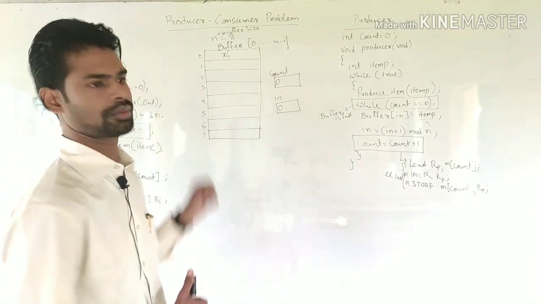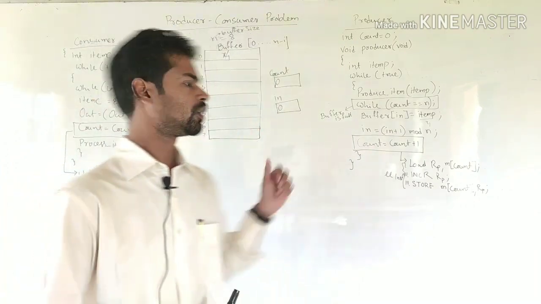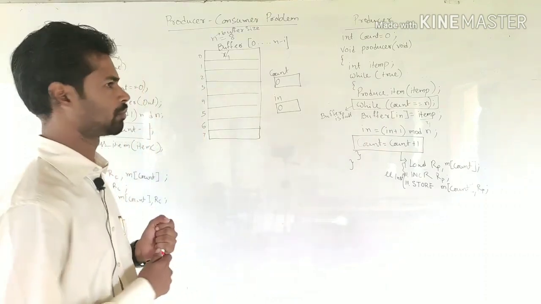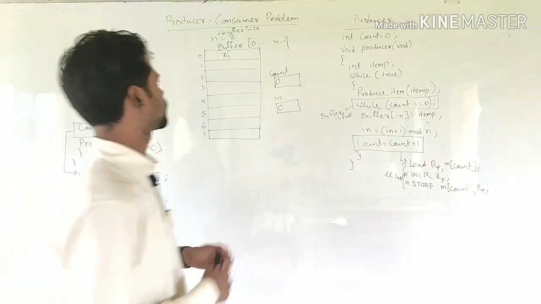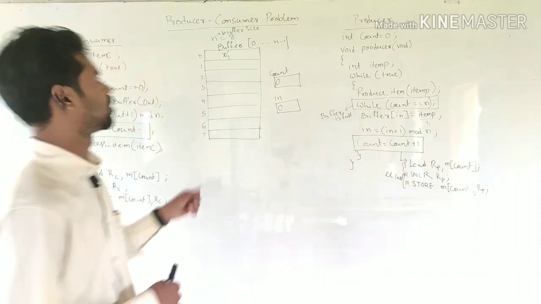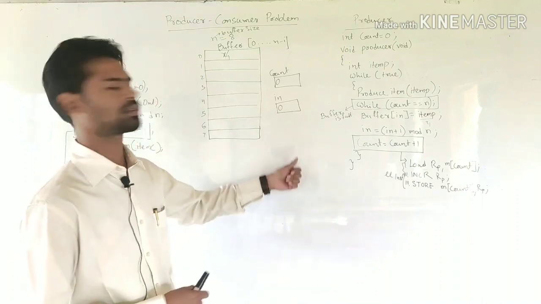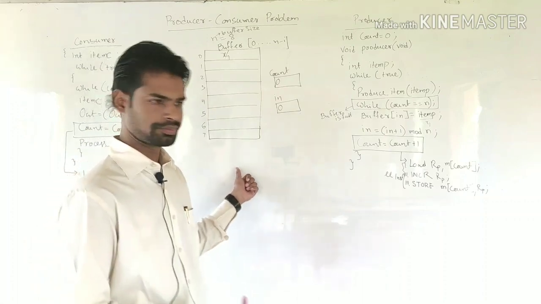Producer consumer problem is a synchronization problem. Let us know what is producer consumer problem. Here two conditions: if buffer is full, then producer is not allowed to produce any item.